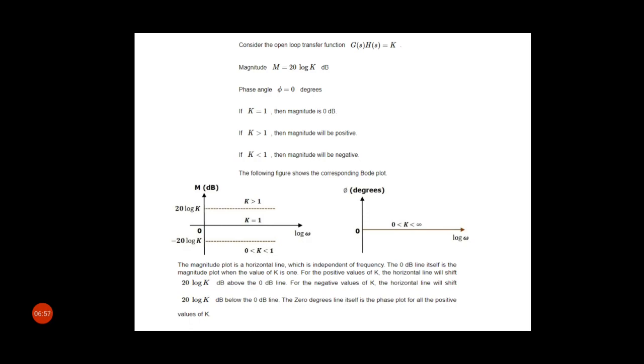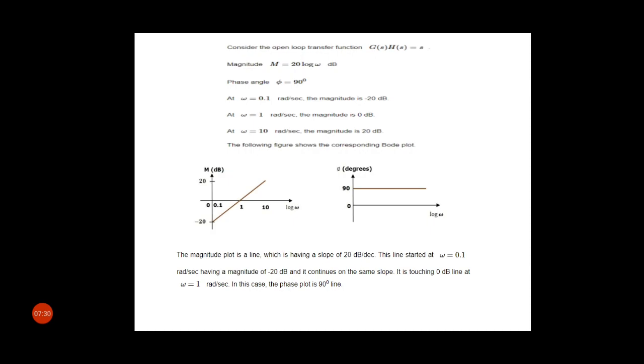For K greater than 1, the horizontal line will shift 20 log K dB above the 0 dB line, and for K less than 1, the horizontal line will shift 20 log K dB below the 0 dB line. The 0 degrees line itself is the phase plot for all the positive values of K.